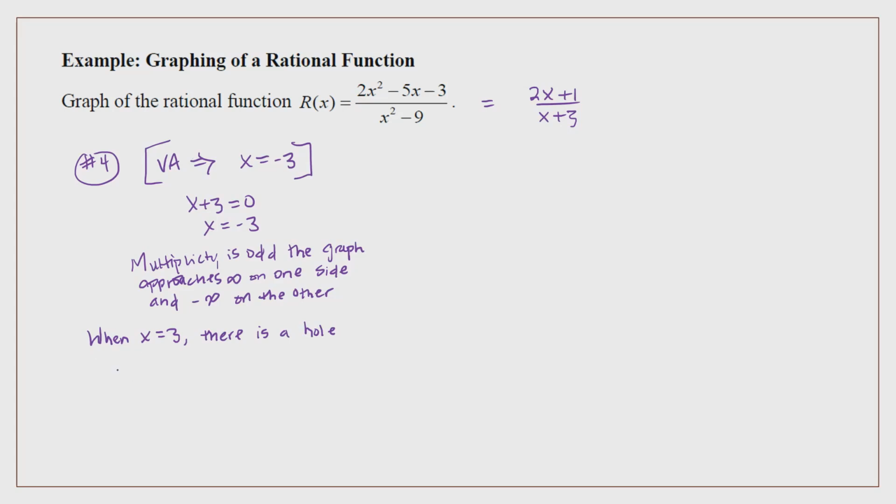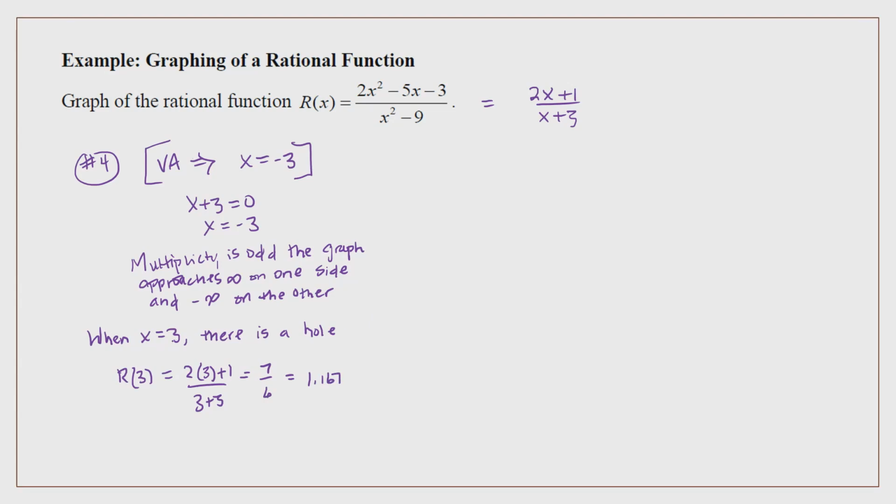Well, we are going to substitute in 3 into our lowest term or reduced form of r of x. And we'll get 2 times 3 plus 1 divided by 3 plus 3. That equals 7/6, which is roughly 1.167.